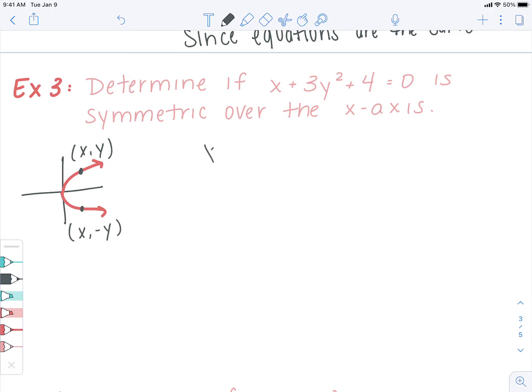So I'm going to take my x plus 3y squared plus 4 equals 0. And where I had an x, I'm replacing it with an x, so nothing's going to change. Where I have a y, I'm replacing it with a negative y.